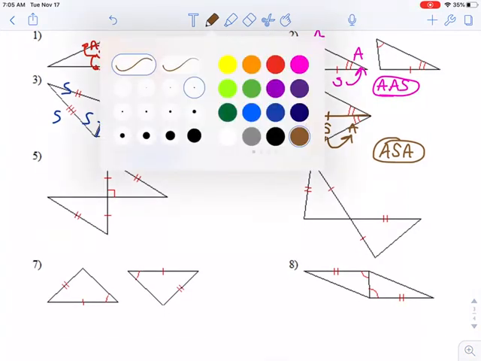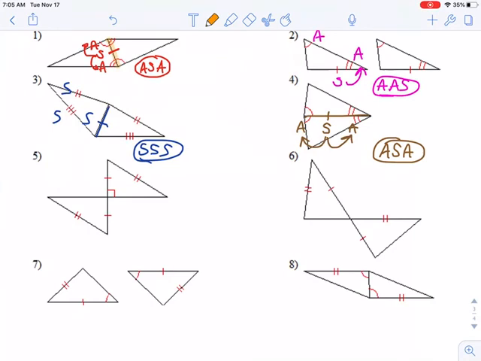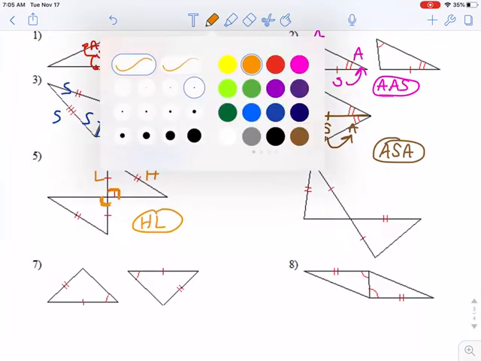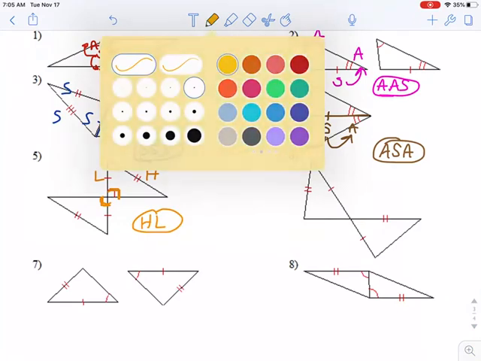Over here, we got a right angle. That's a right angle as well. We got the hypotenuse, we got the leg, so this is HL. Over here, what's going on over here?